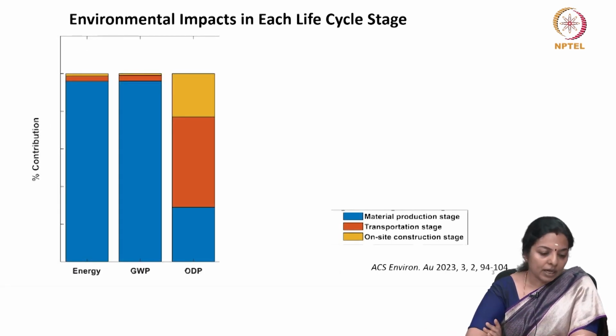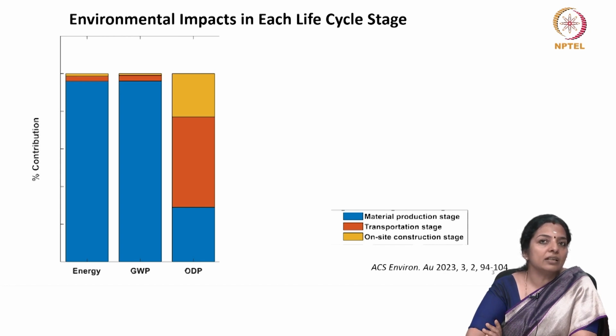Now, we find that in general, the environmental impact in each life cycle stage of the building varies. So, this picture shows the contribution of each of the three life cycle stages to the total environmental footprint of the building.